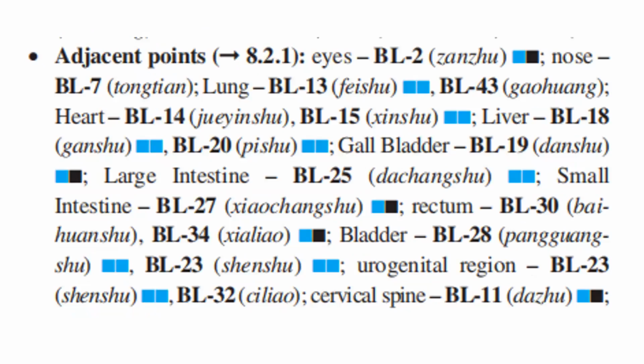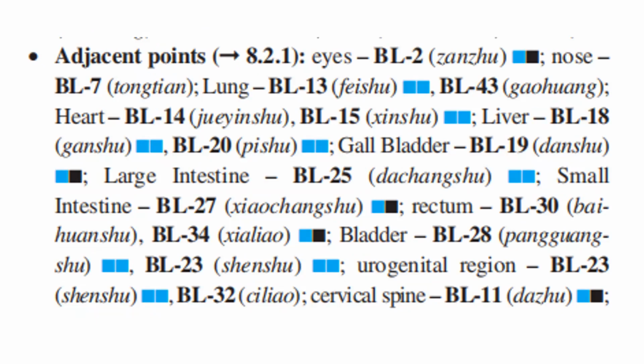Adjacent points: eyes, bladder 2. Nose, bladder 7. Lungs, bladder 13, bladder 43. Heart, bladder 14, bladder 15. Liver, bladder 18, bladder 20. Gallbladder, bladder 19. Large intestine, bladder 20. Small intestine, bladder 27.